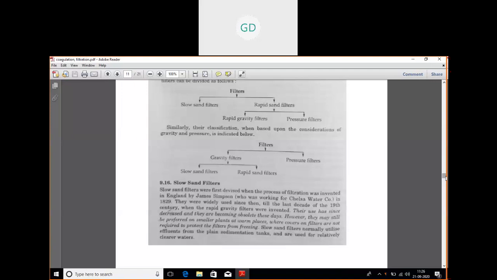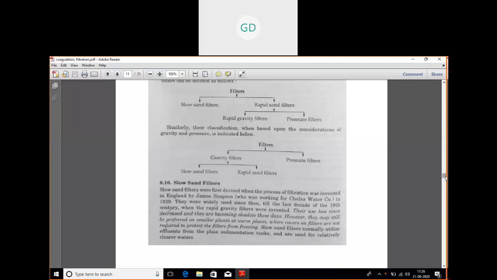And that means cost will increase. It is not economical because you need to buy more sand, more gravel, and all those things. Also, nowadays there are fewer areas, because cities are so congested that there is not much area you can give to install a slow sand filter.